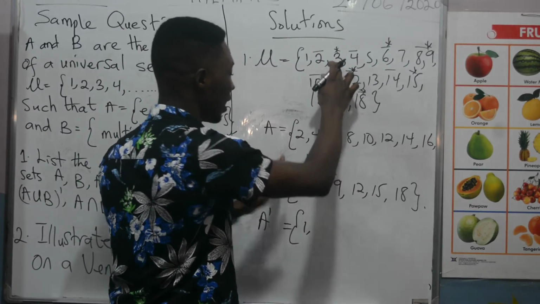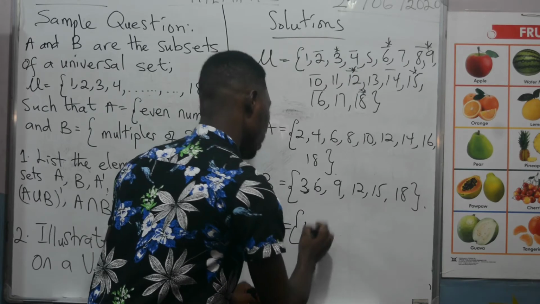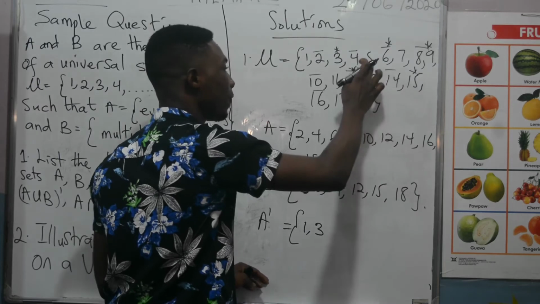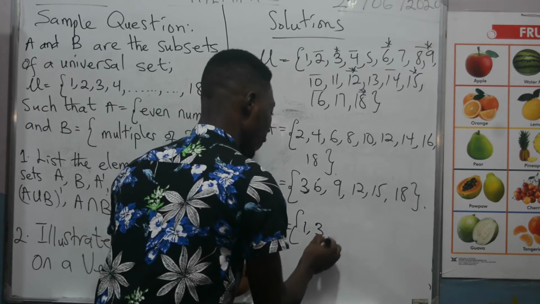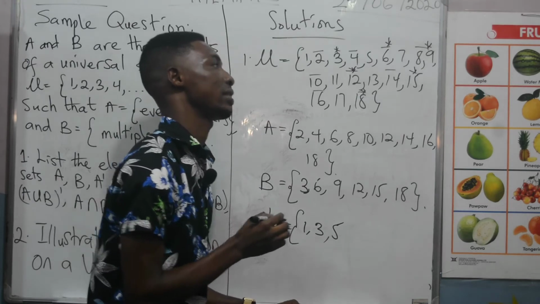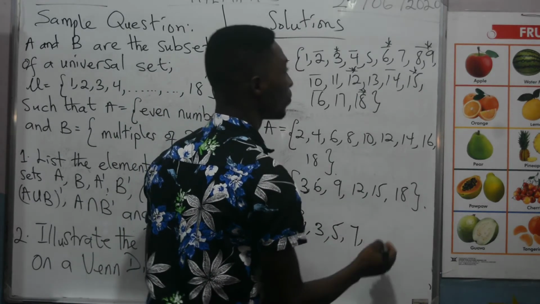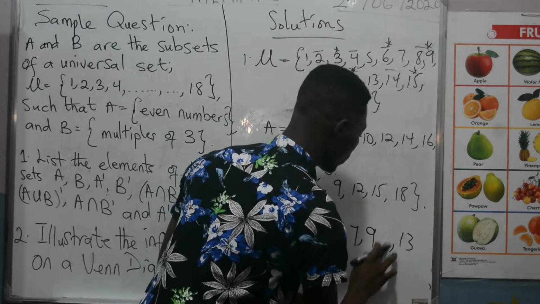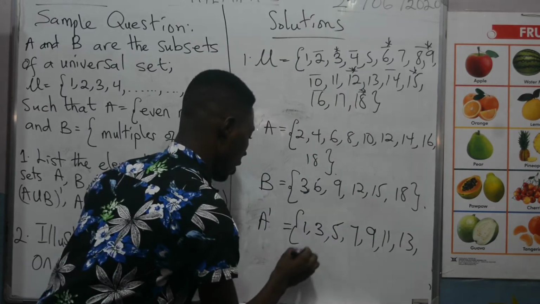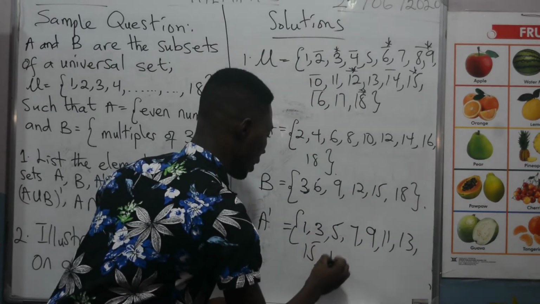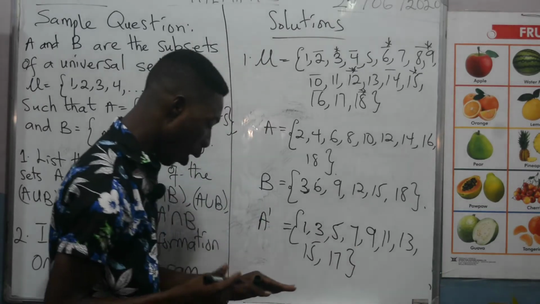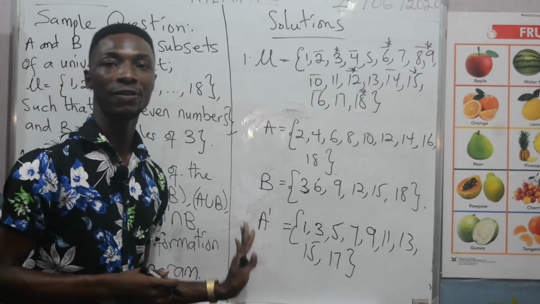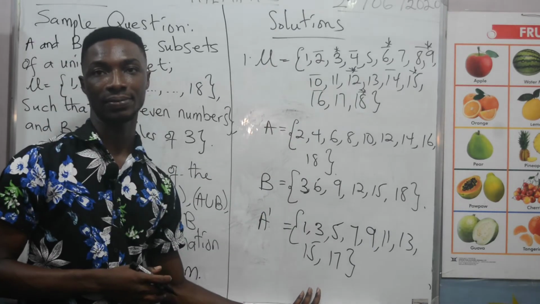What about 3? 3 cannot be found in A, so it will be in A complement. 4 can be found in A, but we cannot find 5 in A, so 5 will be in A complement. Then 7, 9, 11, 13, 15, and 17. All these elements are in the universal set, but they cannot be found in A, so they form A complement.